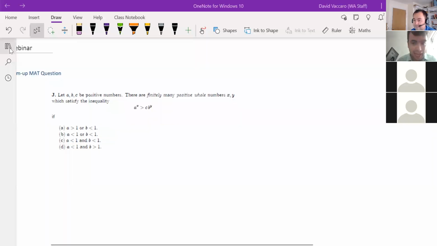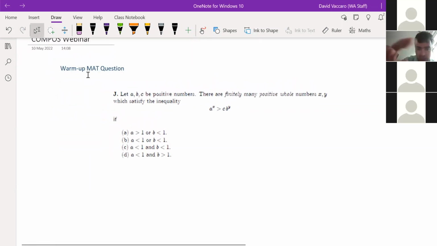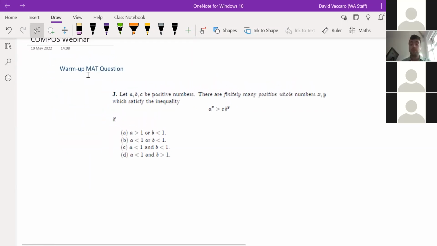Yeah, absolutely. Okay, so I'm just going to share my screen. And like last week, I believe that you've had a session looking at rational inequalities, so inequalities with linear functions, fractions, stuff like that.